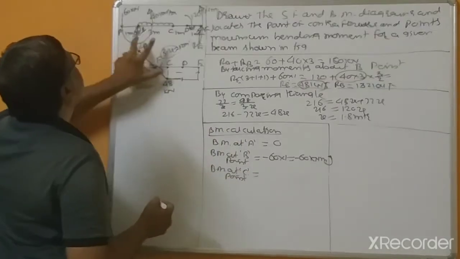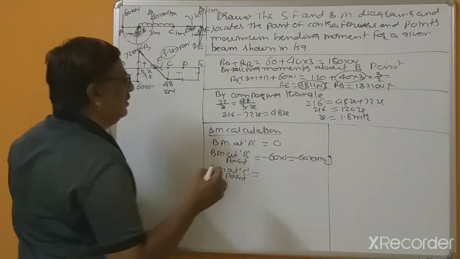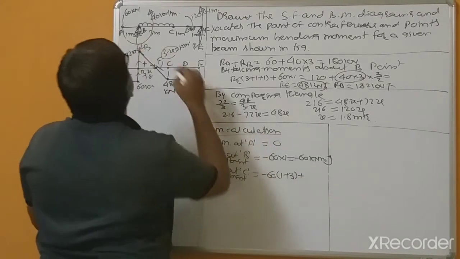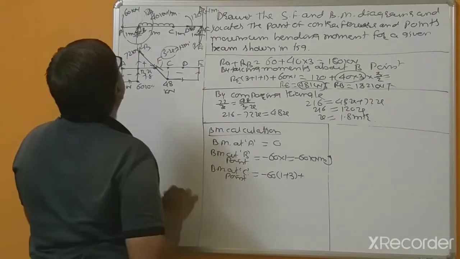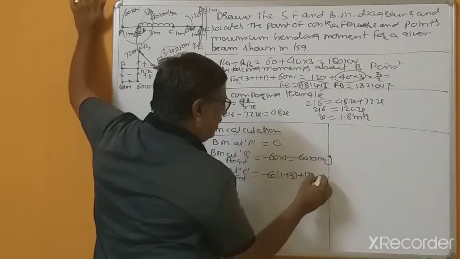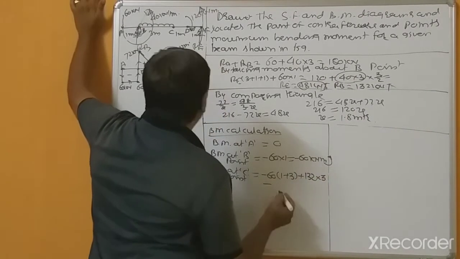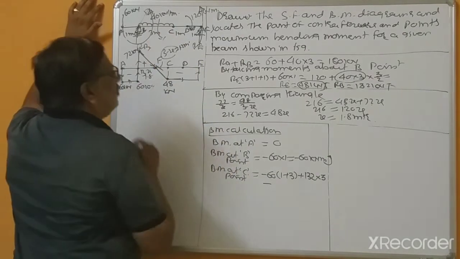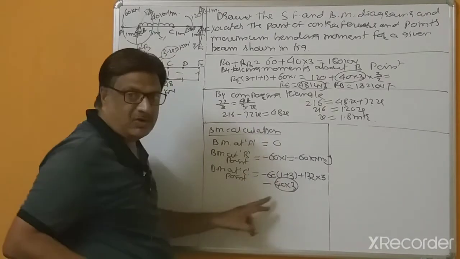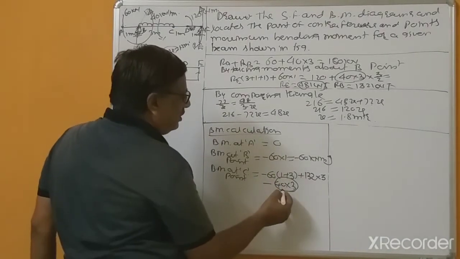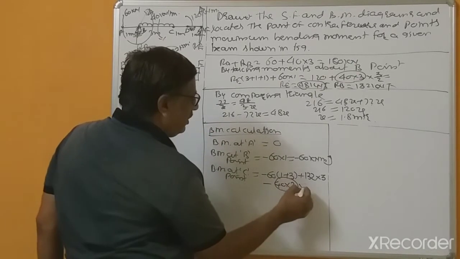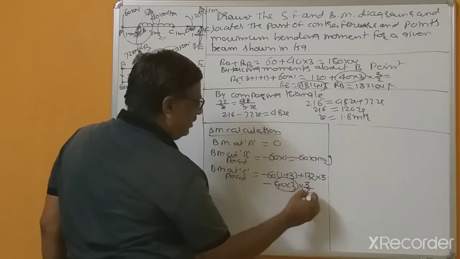Now this distance increases, 60 into 1 plus 3, and this moment is the clockwise moment. RB equal to 132 multiplied by distance 3 meter, minus now this force 40 multiplied by 3, this is shear force. Try to understand, 40 kilonewton per meter multiplied by meter cancels, this becomes shear force, and half of its distance means 3 divided by 2.